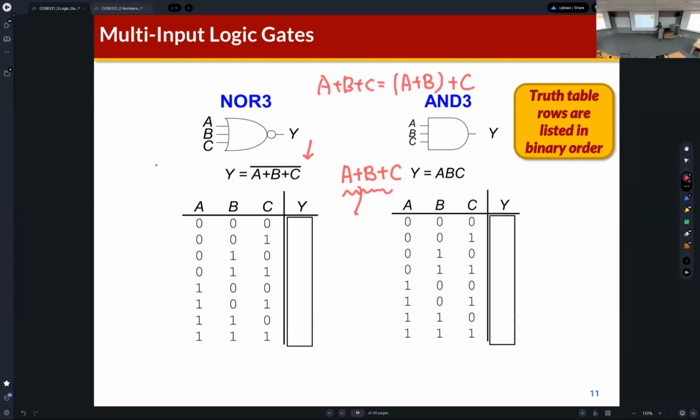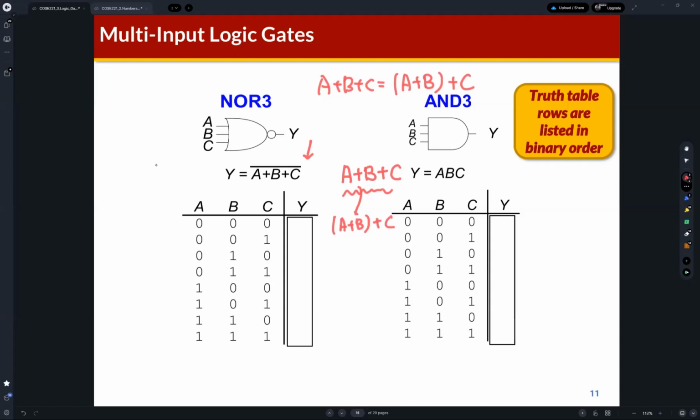In the 3-input OR gate, in order to perform it, we can just perform A plus B first and then C. So we can generate the output of A or B first, and then with the result of A or B, we can also perform the result or C. Okay?